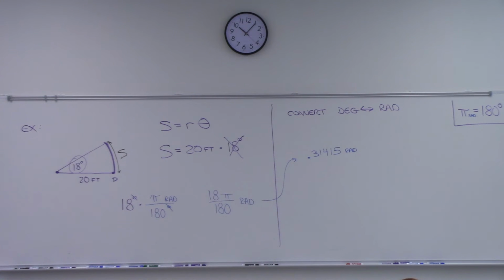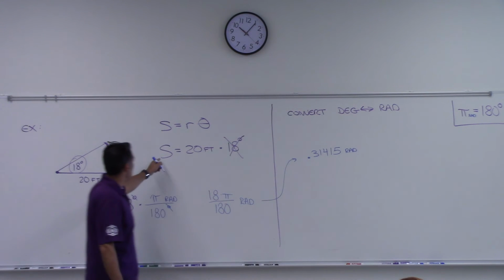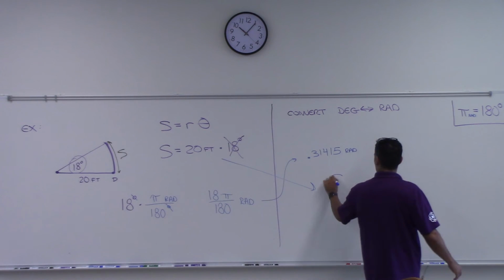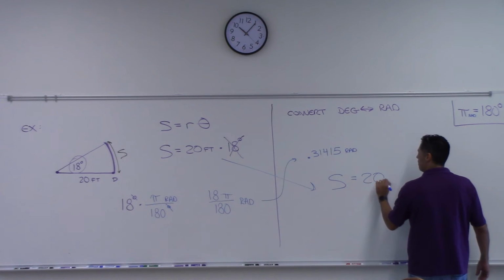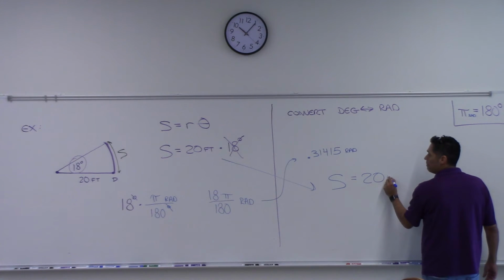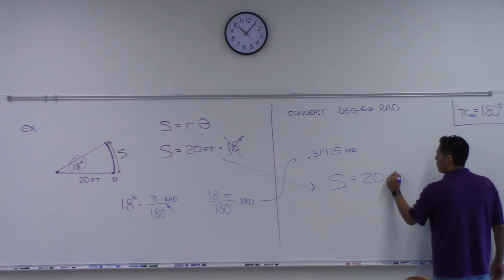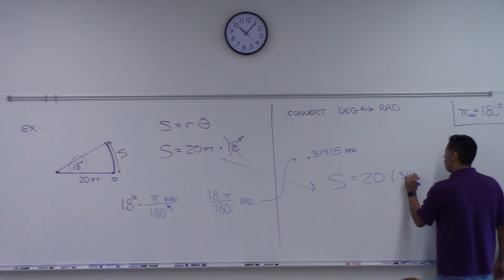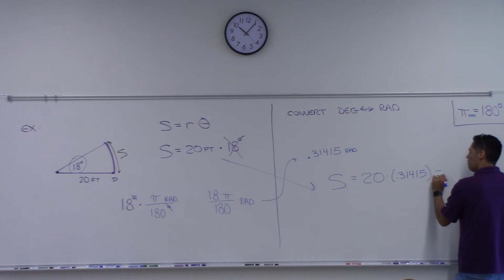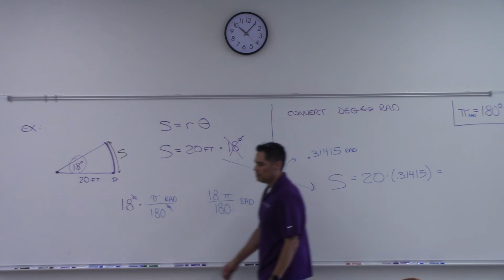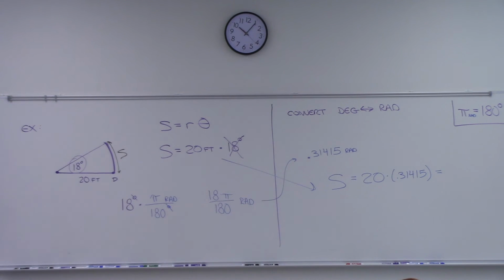Okay. Now I can use the formula, right? Now I'm allowed to. So my S will be equal to 20. I'm not even going to put the feet. I don't really need it. 20 times 0.31415. And what is that? 6.28, right?